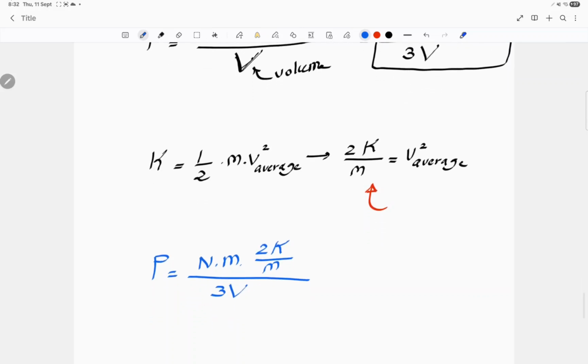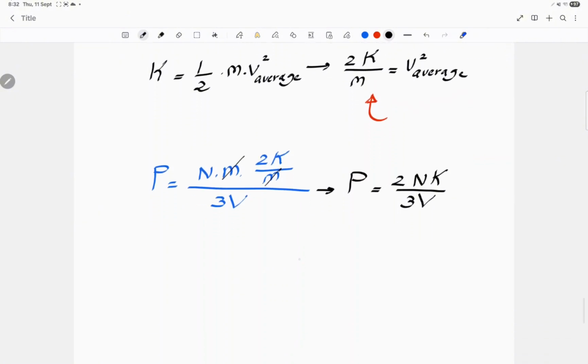And now what we could do is cancel out those m's. Now we're going to have pressure is equal to 2nk over 3v. What this tells us is that the pressure is going to be directly proportional to the value of kinetic energy K.